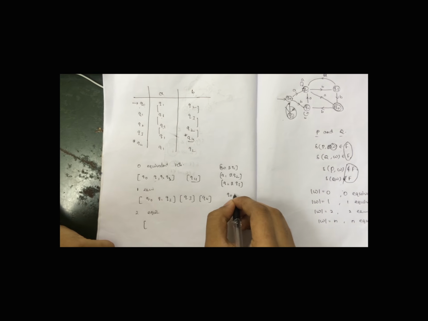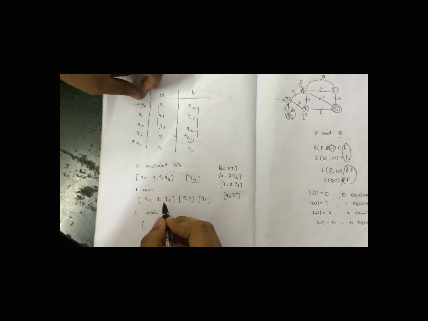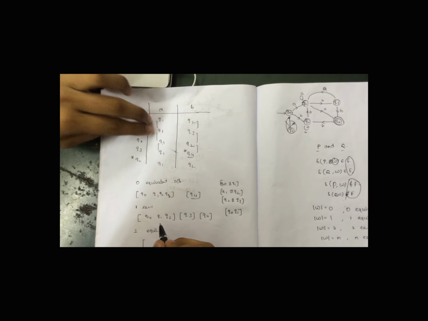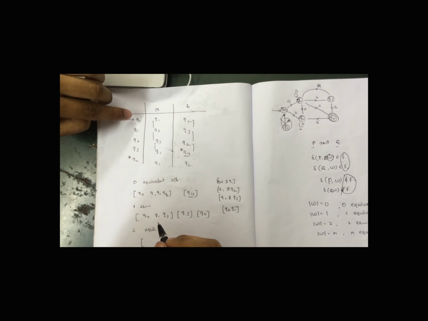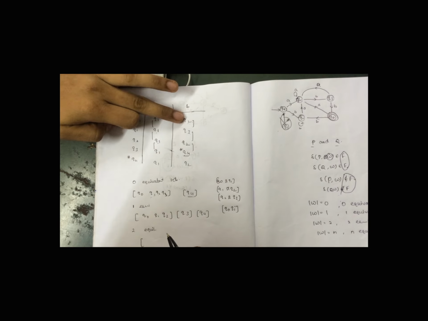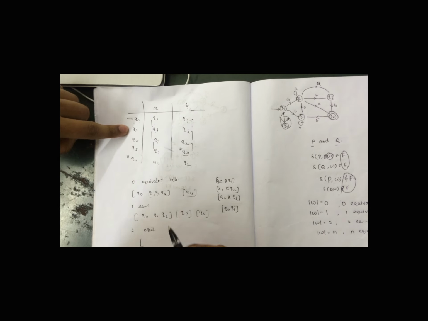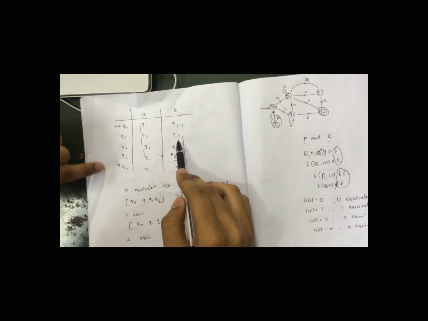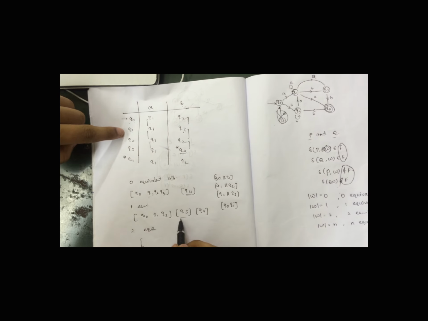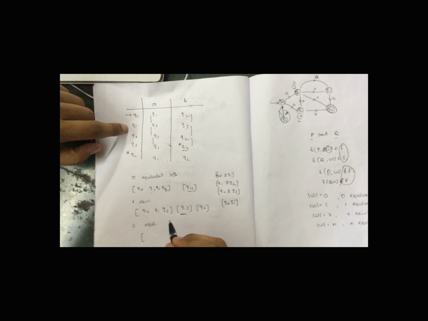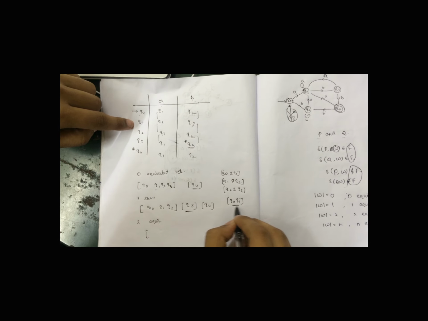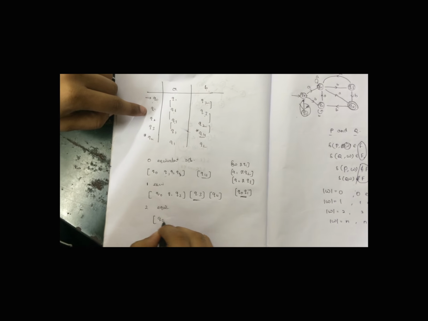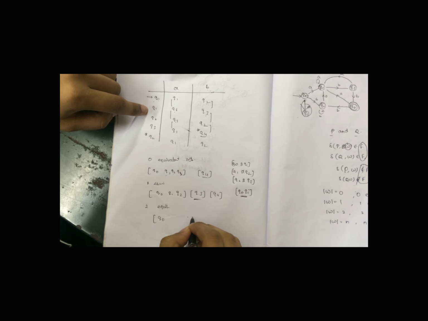Let me consider q0 and q1 and q3. q0 and q1 on giving A, both are going to q1, and q0 on giving B is going to q2, and q1 on B is going to q3, and q3 is in another state in the first equivalence. So now these both are not equivalent. So now q0 is another state and q1 will be another state.